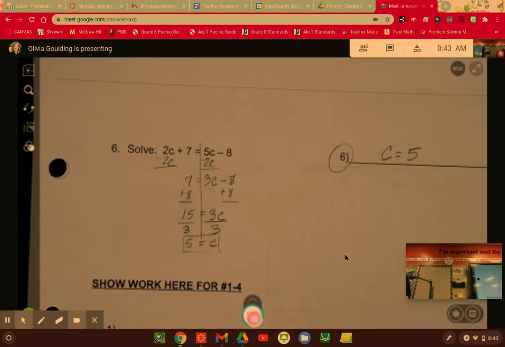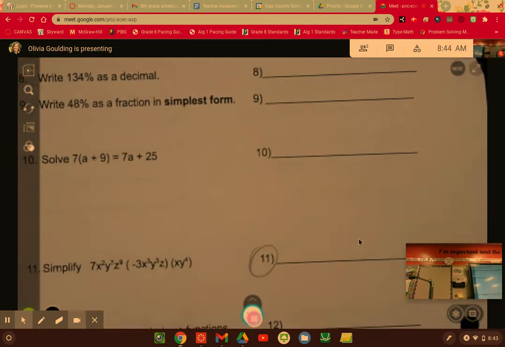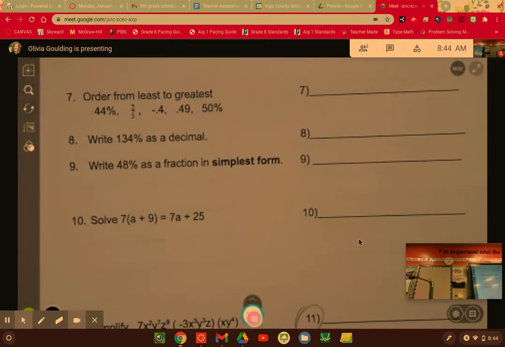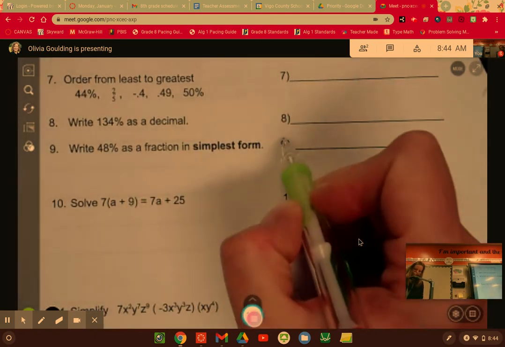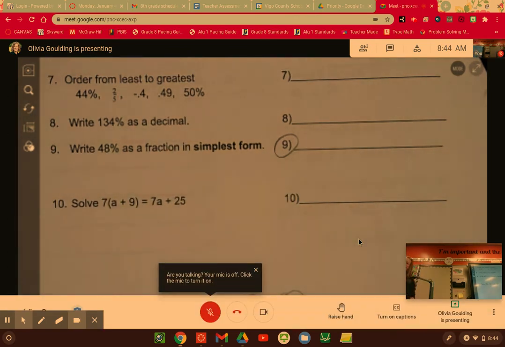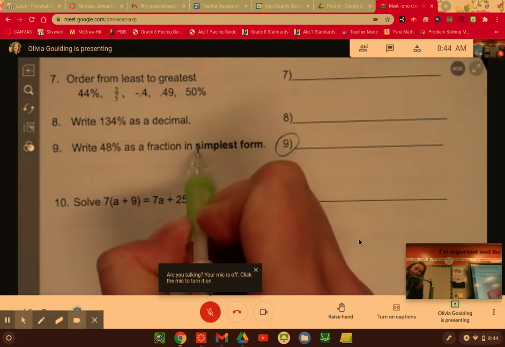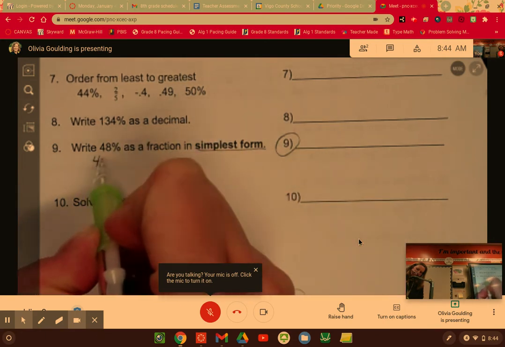C equals 5. Okay, so then let's go to the back side, and I want to do number 9. Okay, so 48% as a fraction in simplest form, right? Percent means out of 100.